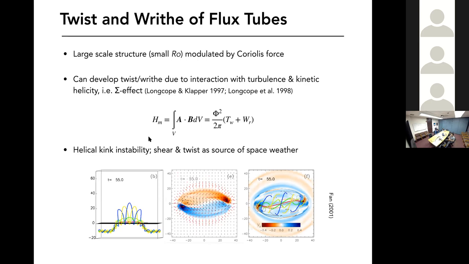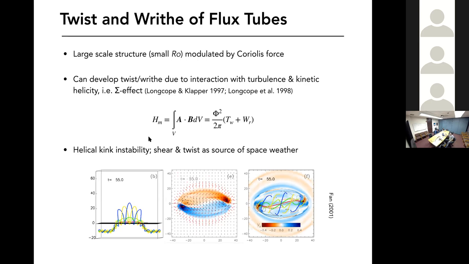The helicity is a measure of how much twist or writhe a flux tube contains, and it is a conserved value in ideal MHD, so for an isolated flux tube it should not change.